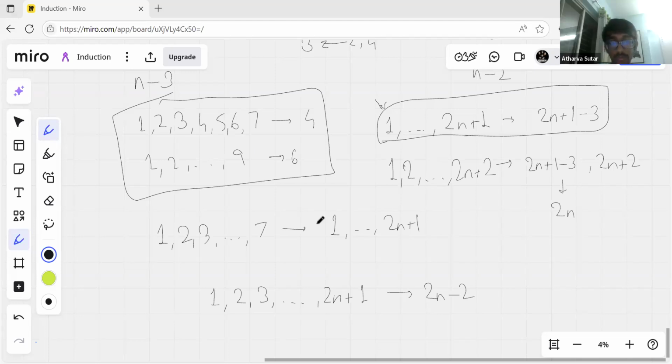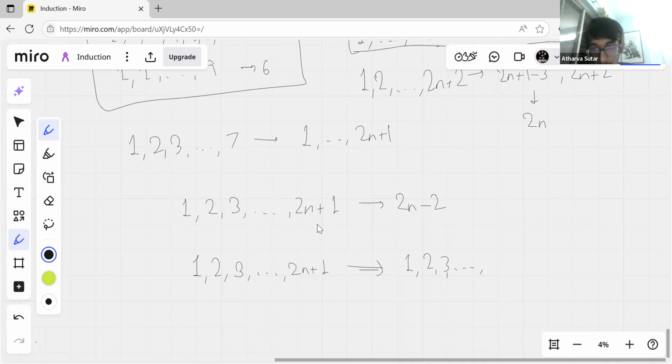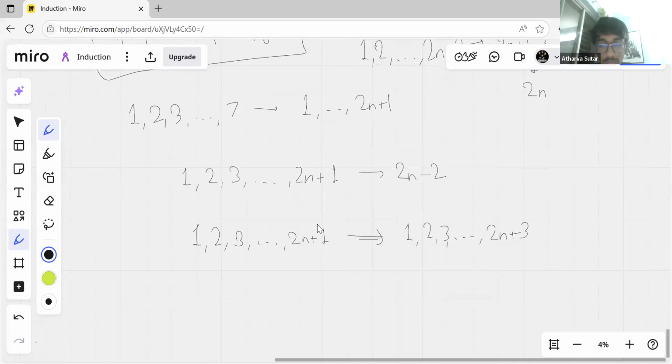Okay. So now, first of all, for induction, you need to consider the correct hypothesis, right? Now, this you cannot do exactly, because this would reduce to 2n minus 2, 2n plus 2, and 2n plus 3.